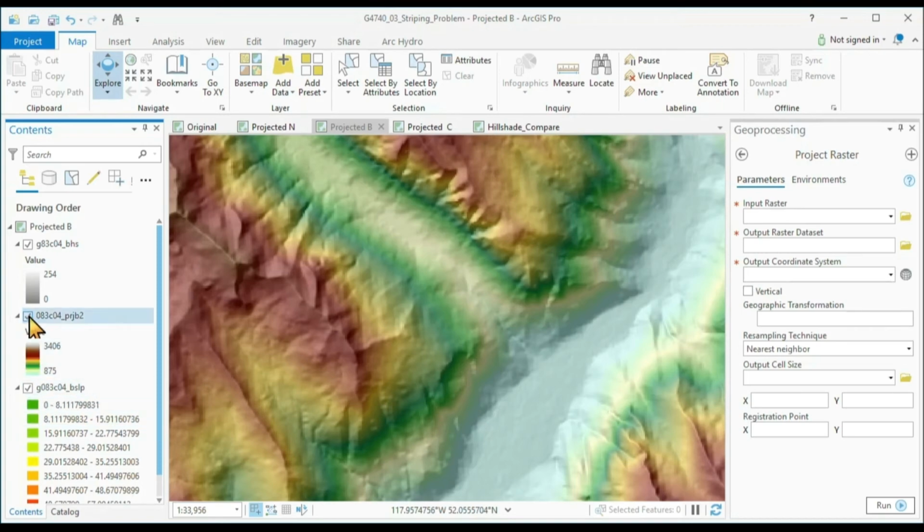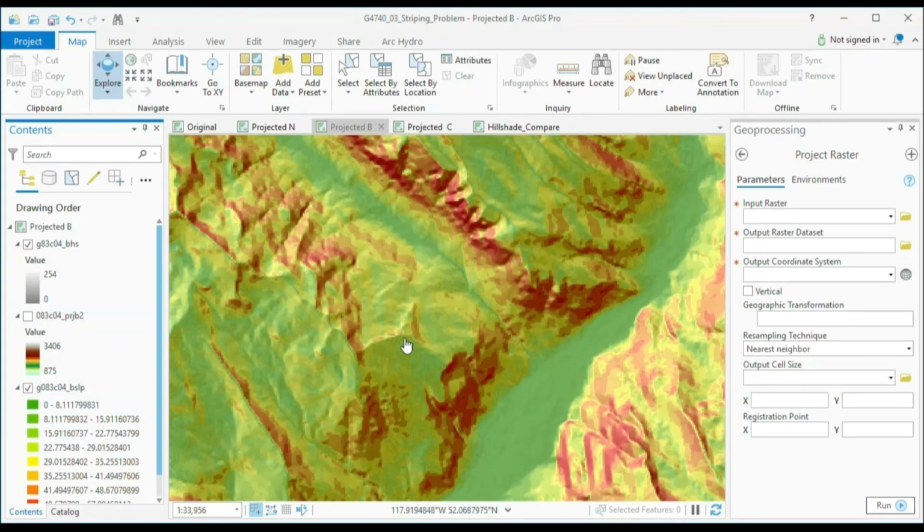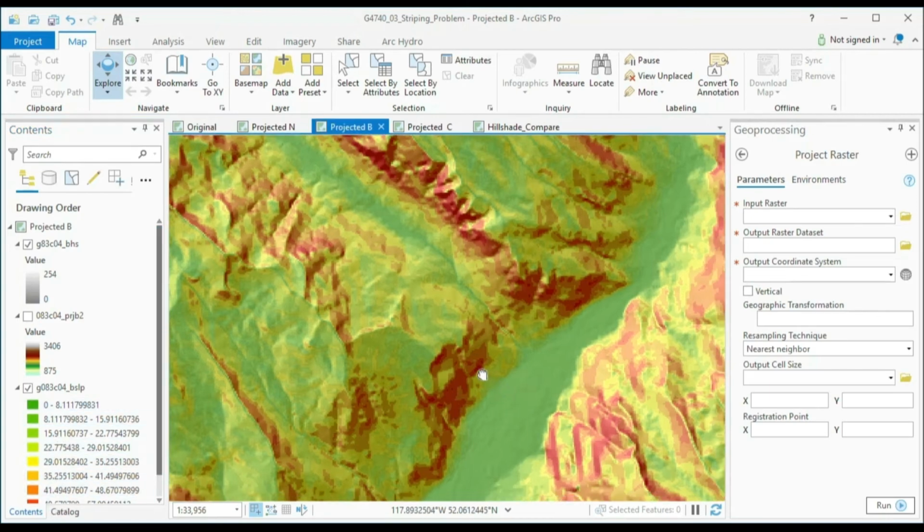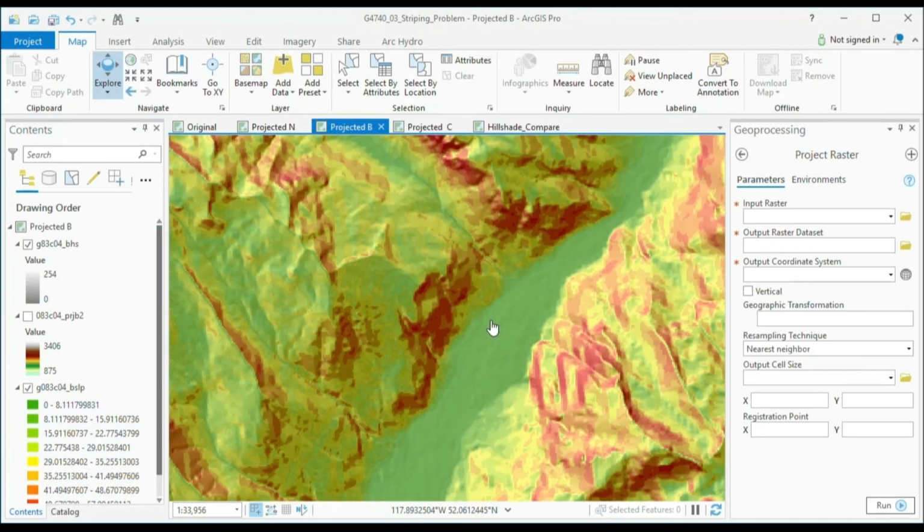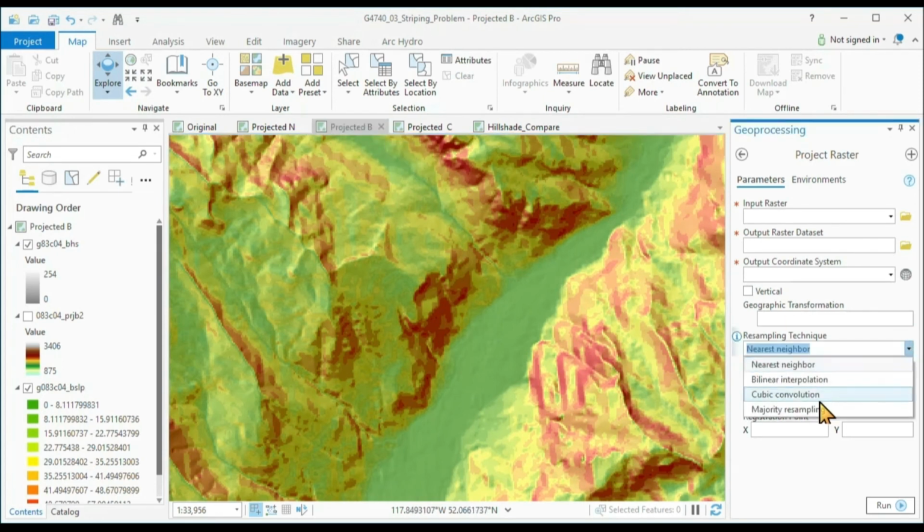And when we turn on the slope, then now also for the first time we can see some steeper slopes as we expect, but most slopes are in the sort of medium range in this part of the Rocky Mountains. We are satisfied with the bilinear interpolation technique, this one here.